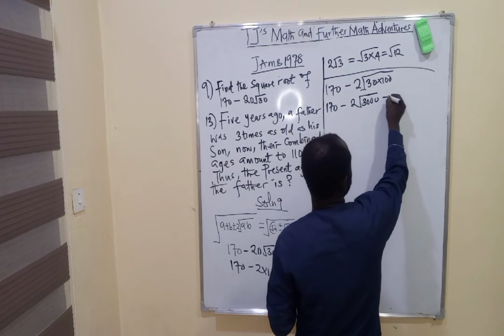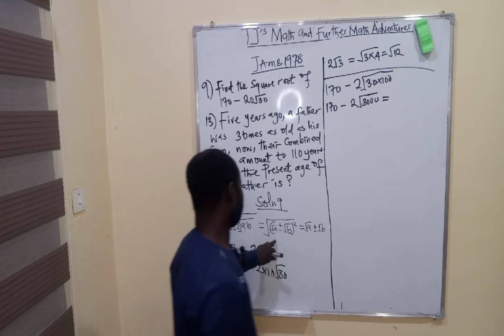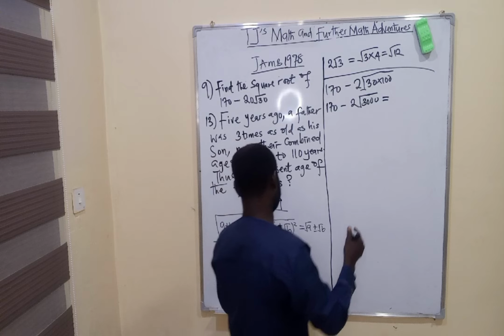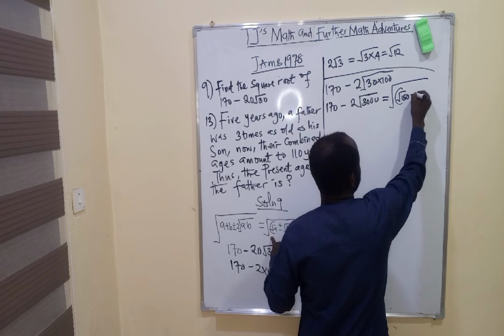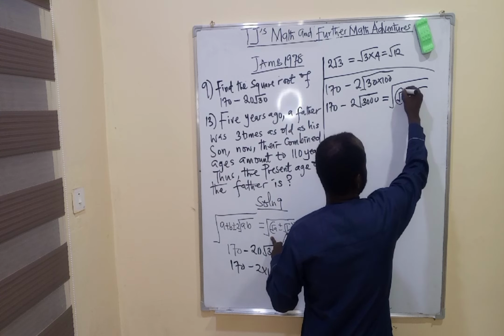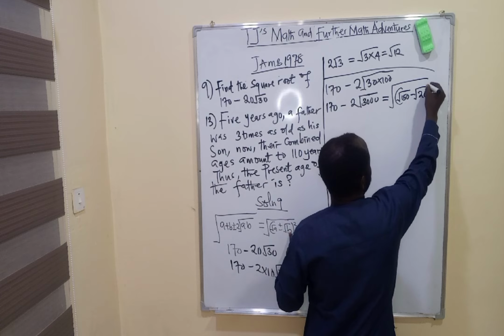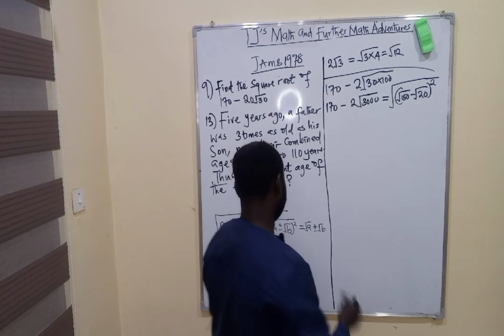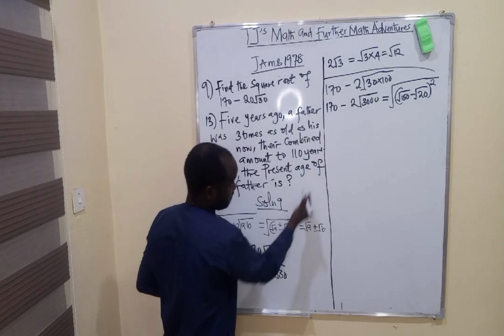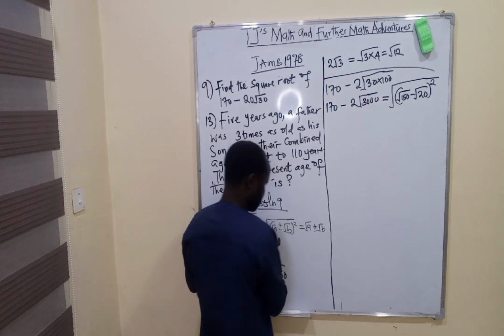So now we can write this in this form, since we know the two factors. This will be the square root of root 150 minus root 20, all squared. Okay, these are the two factors. We have written this in this form.